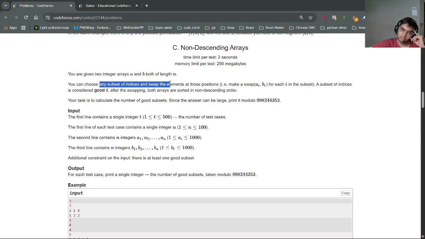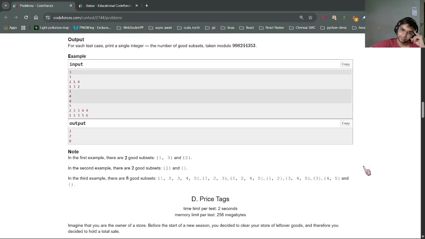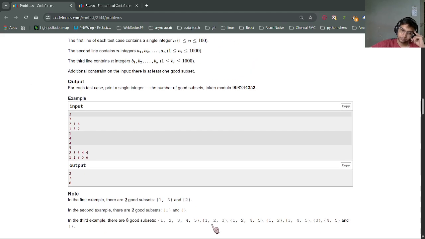Sets of indexes swap the index at those positions. Okay, one thing I didn't consider: if two indexes are not immediately in the neighboring regions, but they're far apart, will they still not be able to be in the same subset?